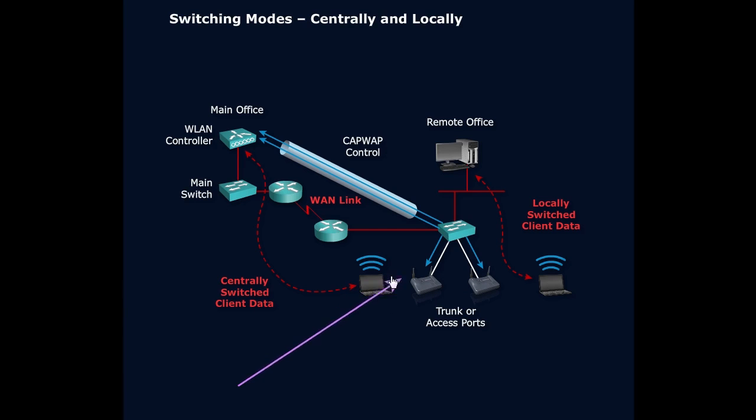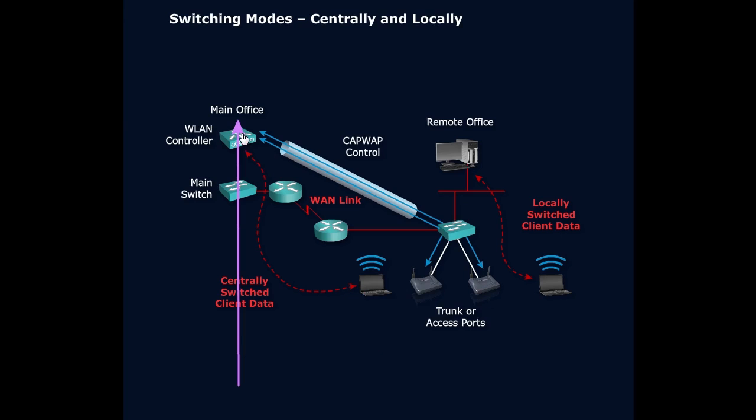What if this node wants to talk to this node on the wireless network, and we are using centrally switched client data? Let me show you what happens here. Instead of using the wired network to just come right back down to this other AP and going across, we don't have that ability. We go right back up to the wireless LAN controller.